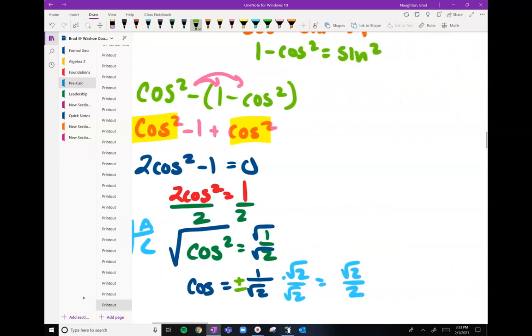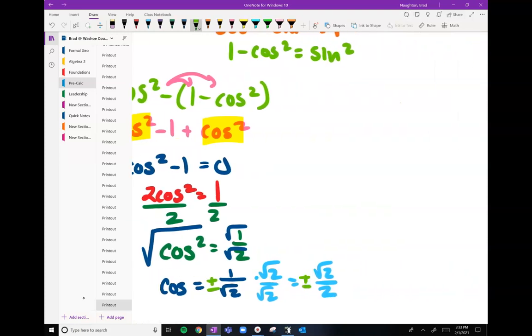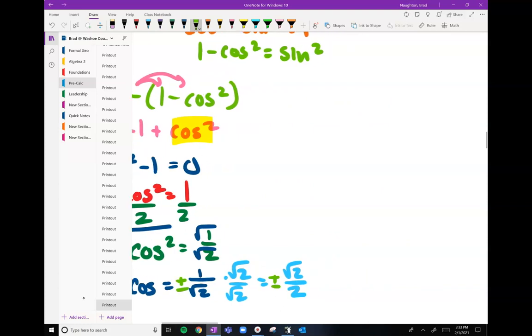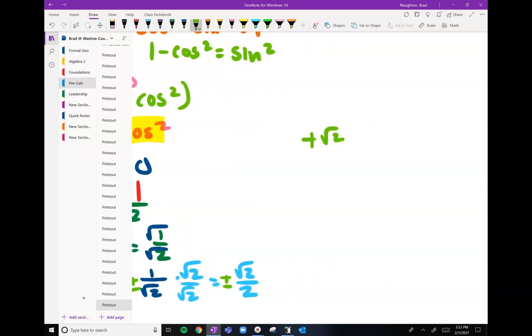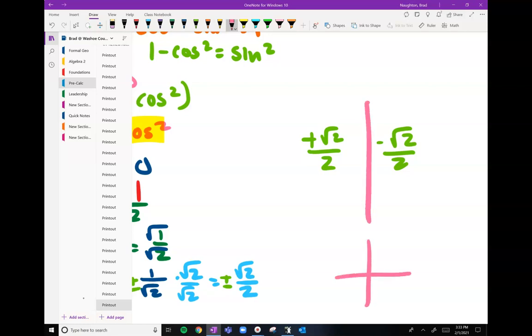Same thing here: we have to have a plus or minus root 2 over 2. When I look at this, that's basically every time in all of our quadrants, so it's going to be pi over 4, 3 pi over 4, 5 pi over 4, and 7 pi over 4.